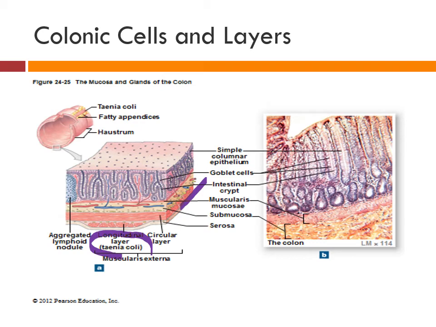We have simple columnar epithelium, goblet cells, which are mucus-producing cells, and we have intestinal crypts, which are similar to those gastric pits that go down into the epithelium, but you can see how the epithelial surface itself is flat in the large intestine. It doesn't have those villi that the small intestine has.